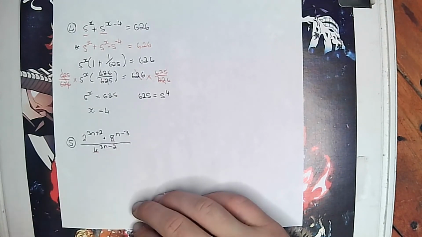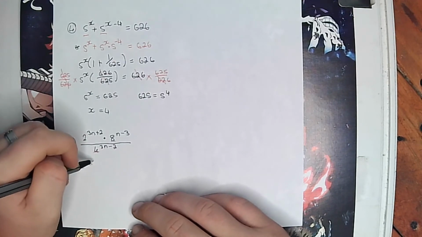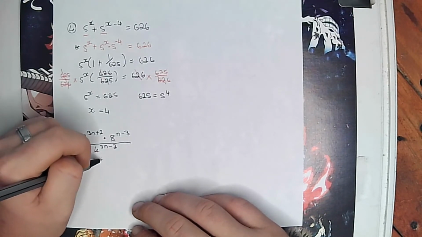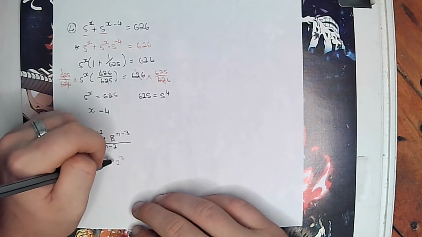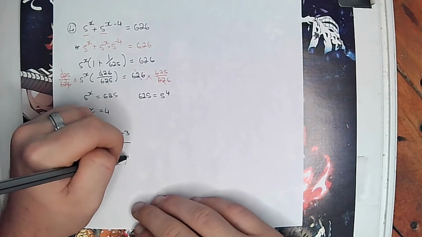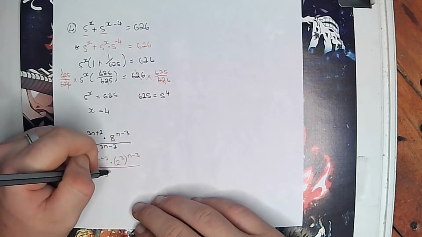So again, this would become 2^(3n plus 2) multiplied by 2 to the power of 3(n minus 3) over 2 squared to the power 3n minus 2.